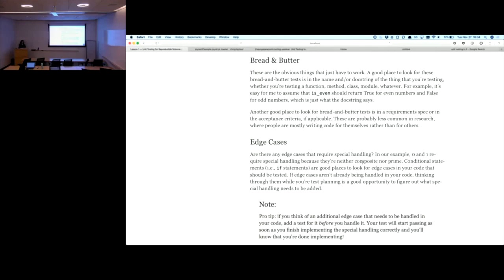Another one that we have been talking about already is edge cases. If there are edge cases that require special handling in your code, these are really, really important to test to make sure that they're working correctly. Again, when we're writing code, we're mostly thinking about how the code works. We're not thinking about how the code doesn't work.